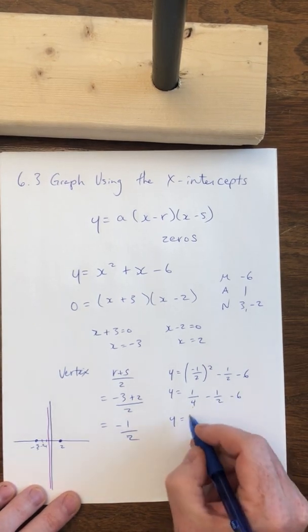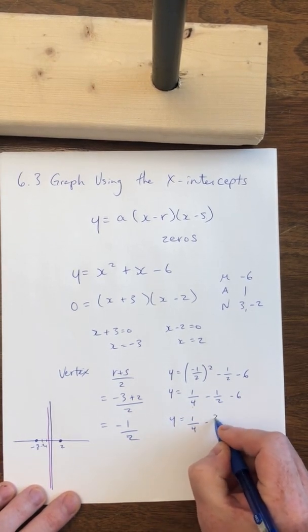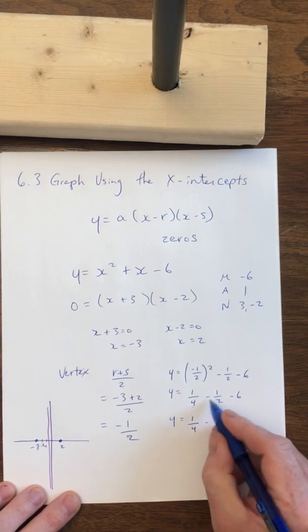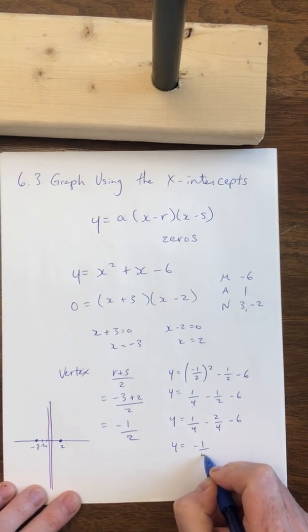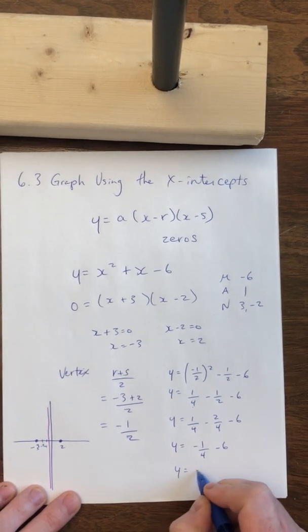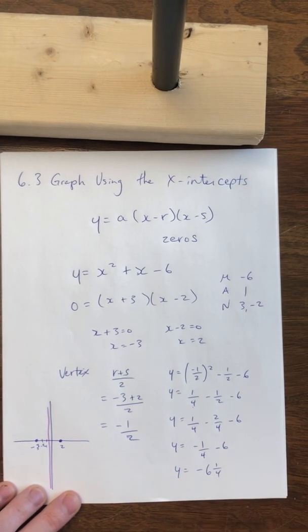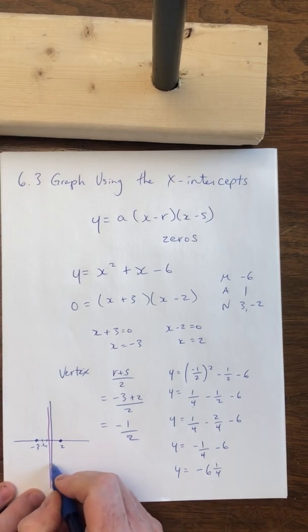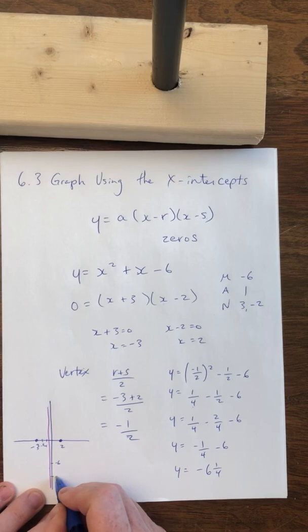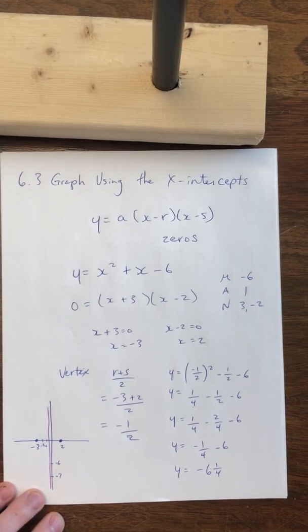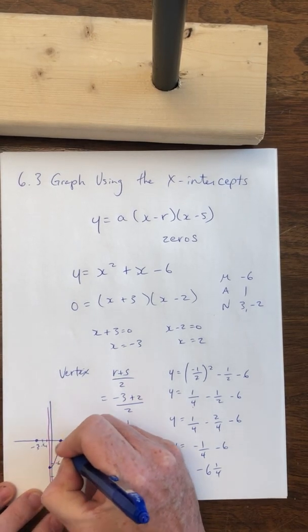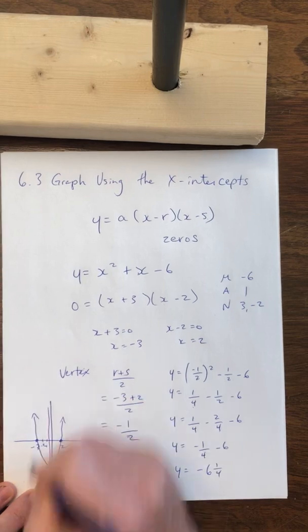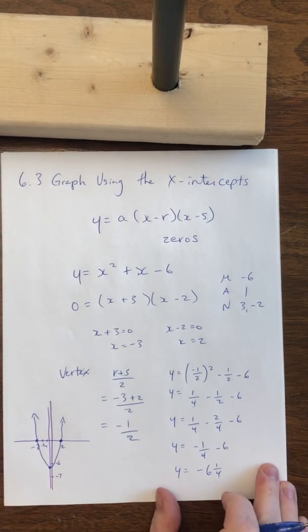We need common denominators here in order to subtract our fractions. And we get an answer like that. So that's telling us that down here, if this is -6 and this is -7 on our y-axis, -6 1/4 would be 1/4 of the way between the two.